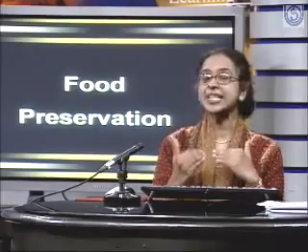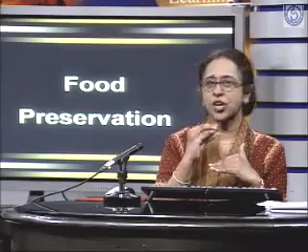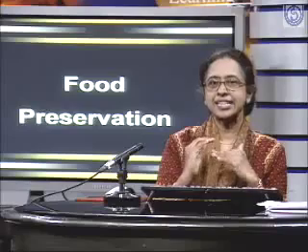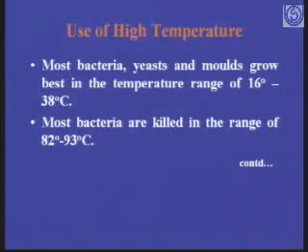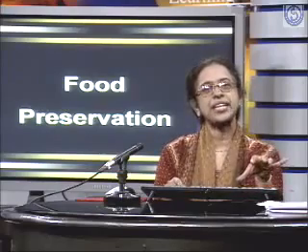But in the second aspect, we are only talking about bacteria, and we are saying that the bacteria are killed in that range, basically 82 to 93 degrees centigrade. So we have a difference right there between bacteria and yeasts and molds.